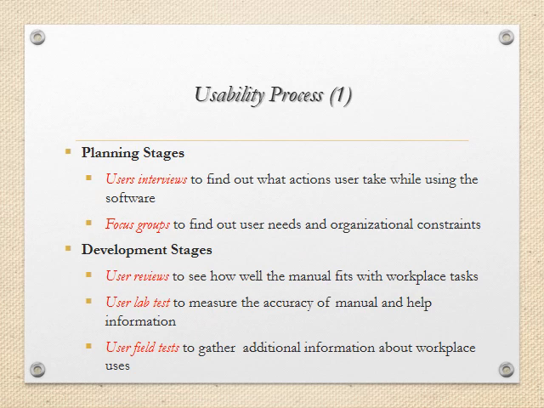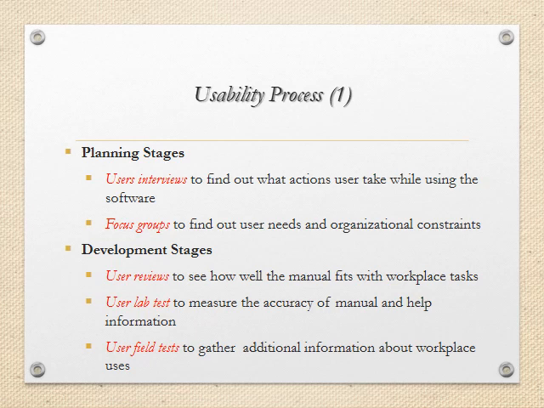The usability process can be defined as the process of writing task-oriented documents that involves the user in all stages of writing to ensure an appropriate fit with the workplace activity. So it's a method or a process we follow that consists of a set of phases.